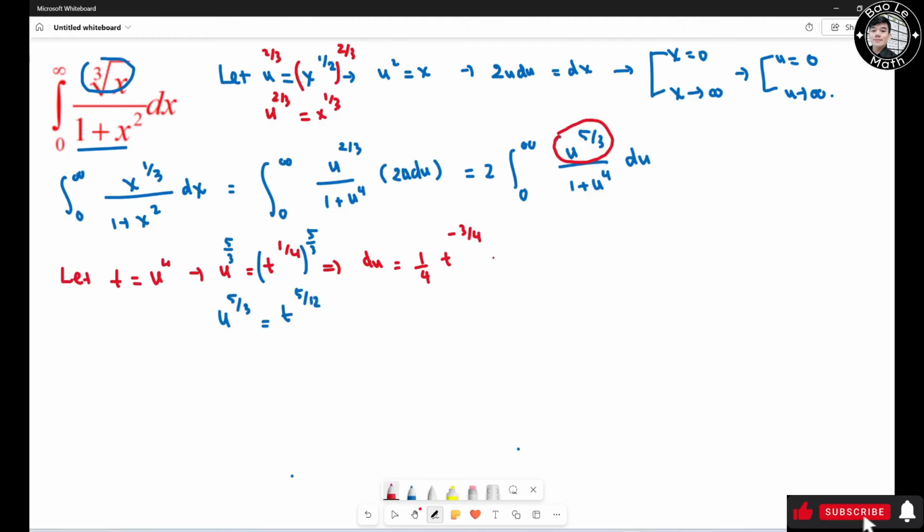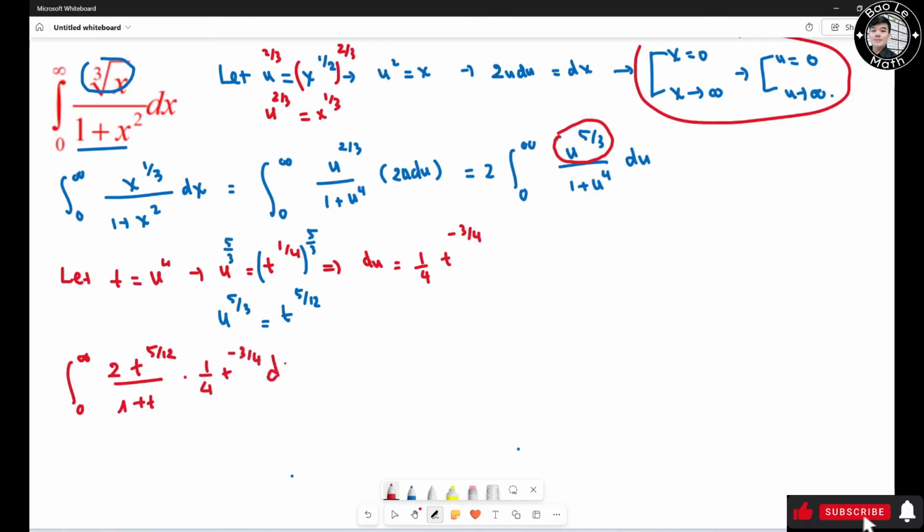Now I need to change the lower limit and upper limit, and it's going to be the same thing right here. So I have the integral from 0 to infinity of 2 times u to the 5/3, which is t to the 5/12, over 1 plus t, times du, which becomes 1/4 t to the negative 3/4 dt.